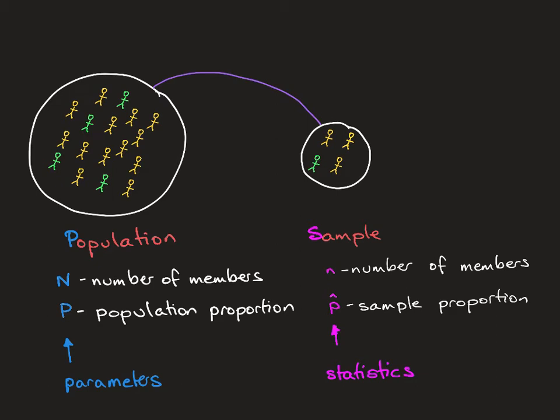And in statistics, because these measurements come from different groups, if you like, our population measurements we use capital letters for, and we refer to them as parameters. For our sample information, we use lowercase letters, and we refer to these measurements as statistics.